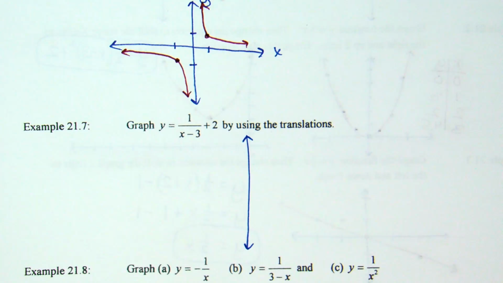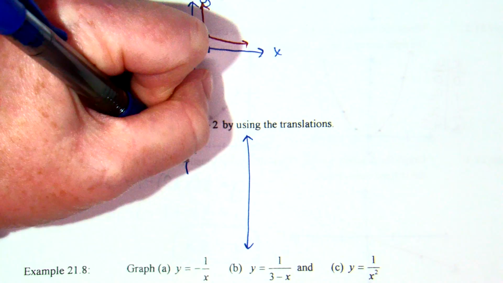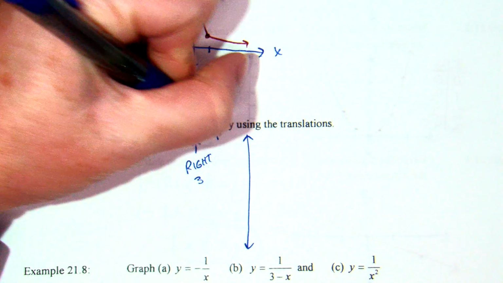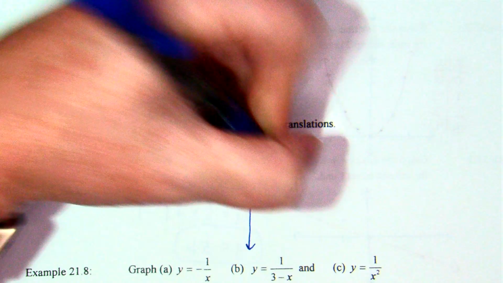That's doable, yes? So we're going to take what we just had here and go right 3, up 2. My best suggestion: the x and y axis act as asymptotes. So can you take your asymptotes and move them right 3, up 2? That's what I would suggest.